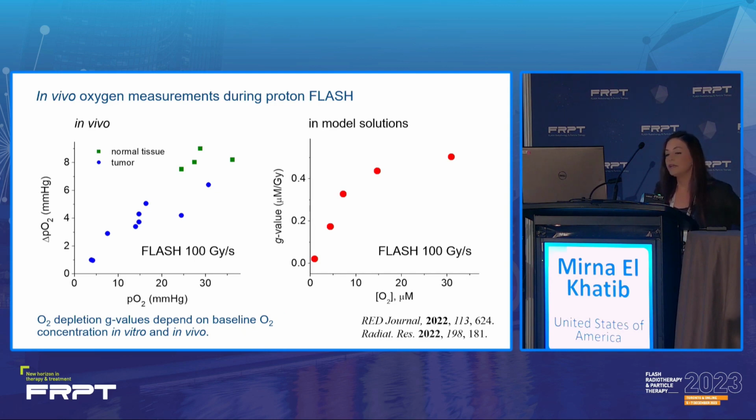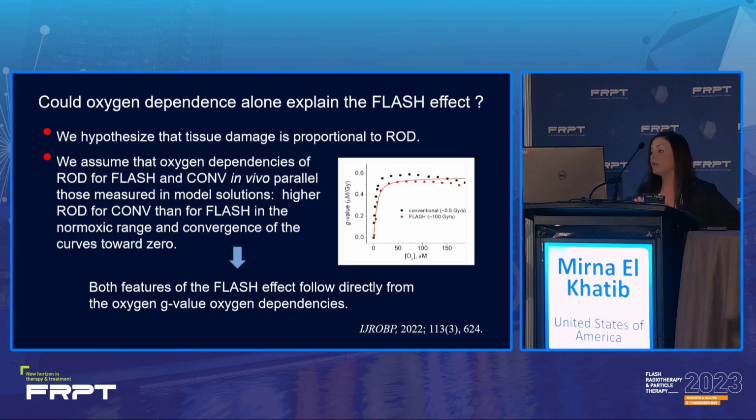So it can be very key in understanding the FLASH effect, because if oxygen depletion G values depend on the baseline oxygen concentrations both in model solutions and in vivo, then maybe we can explain the FLASH effect using oxygen dependence alone.